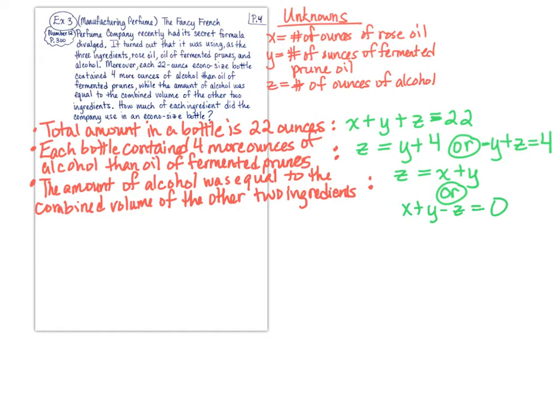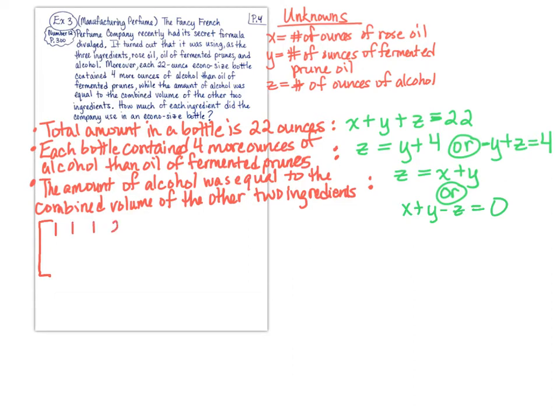Now we can take the coefficients of those equations and the constant term and create our augmented matrix. So let's do that. The first row, based on our first equation, is 1, 1, 1, 22. Good.